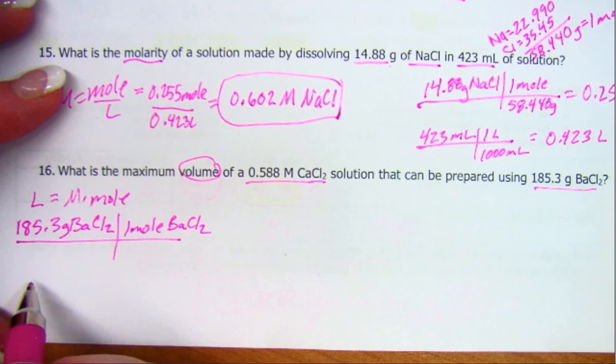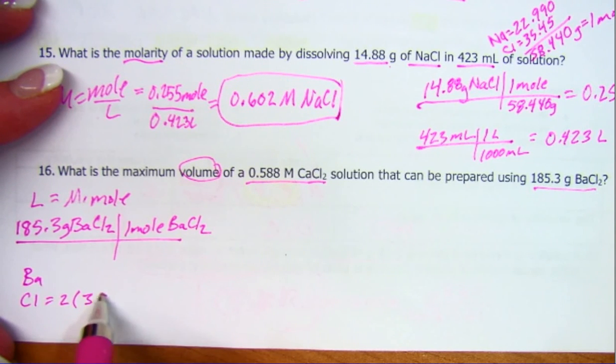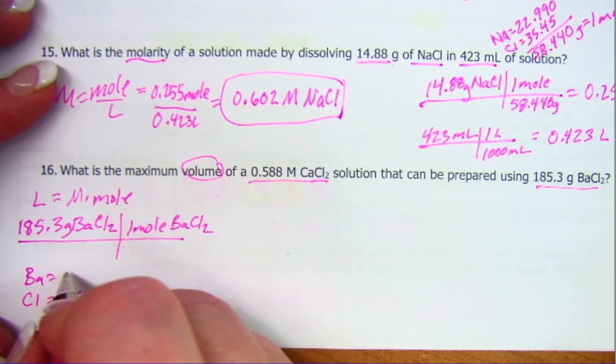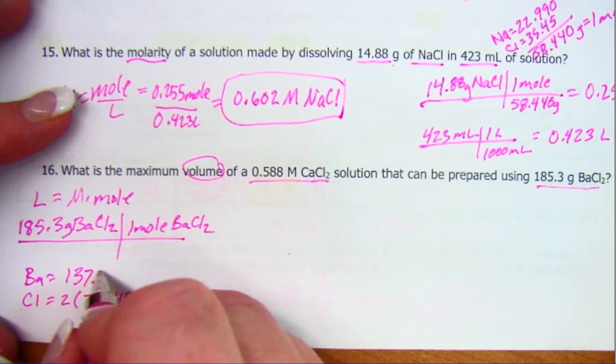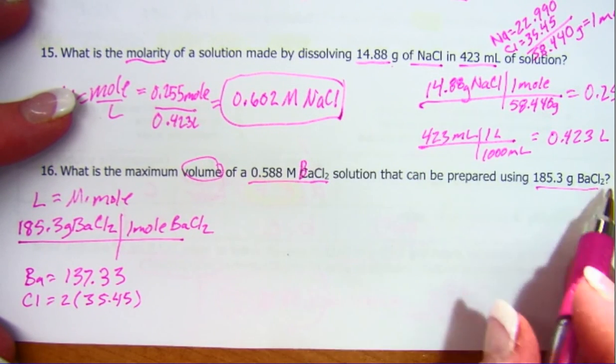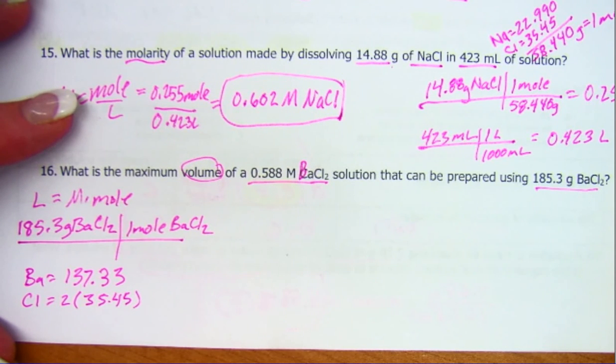And to do that, I need to add up barium and chlorine. Chlorine I've got memorized, barium I do not. So let's look at barium. And barium is 137.33. And I chose to make this barium instead of calcium because they were off on both of them. If you chose to do calcium, it's going to be 40 point something.